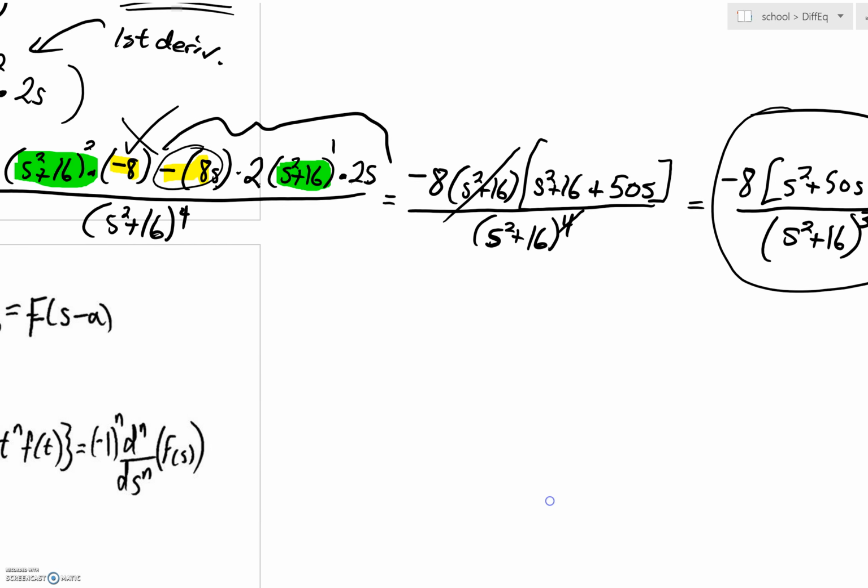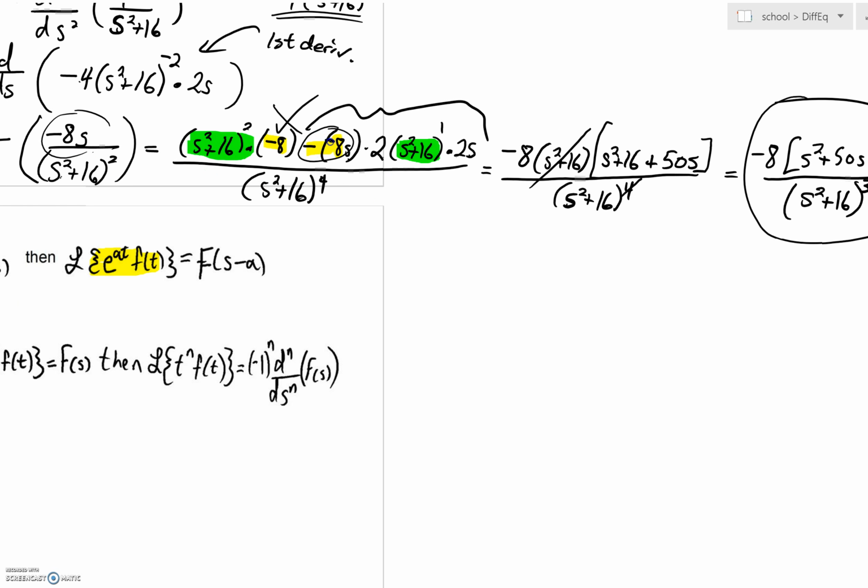Did I drop a negative? Well, I lost this negative right here, so all this first part is going to be positive, right? Okay, sorry guys. This was a negative 8s. We had a copy mistake. By the way, this is 2s, not a 25. So when we factor out this negative, you can see what's going to happen.